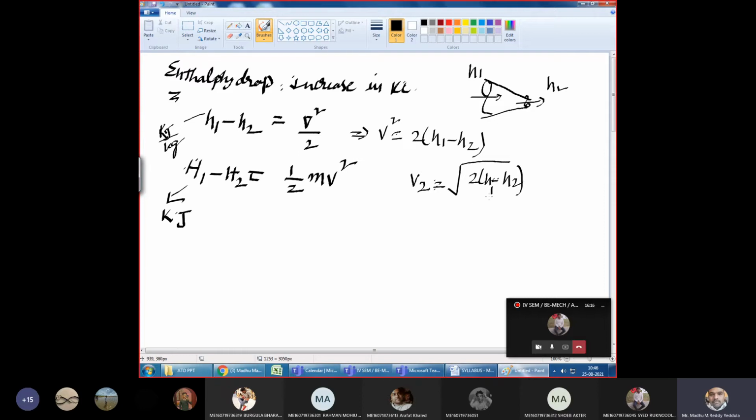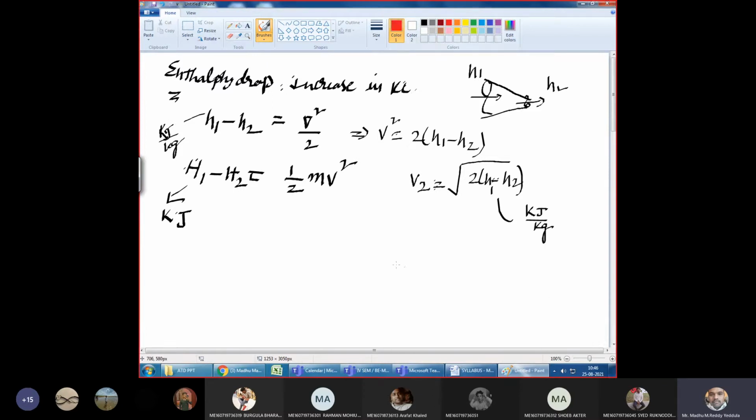Where H1 and H2 are the enthalpies, the units are in kilojoules per kg. It is specific enthalpy. So if you balance the units, 1 kilojoule is nothing but 10 power 3 joule. Joule is Newton meter, so joule per kg is Newton meter per kg.